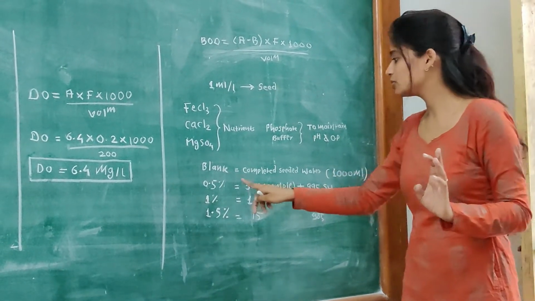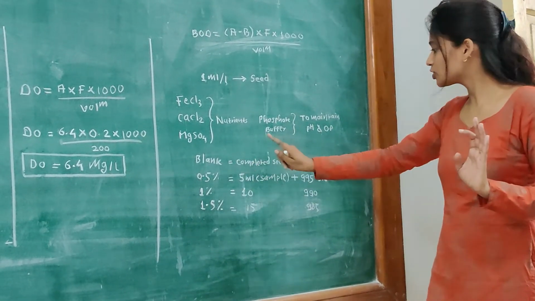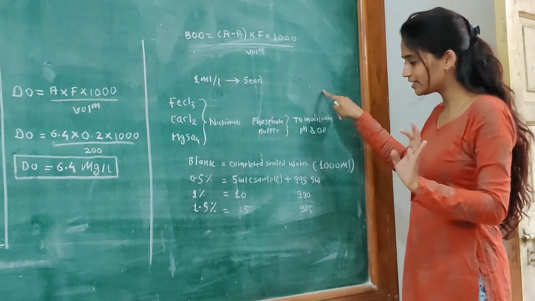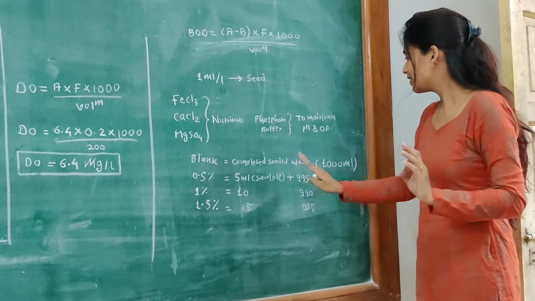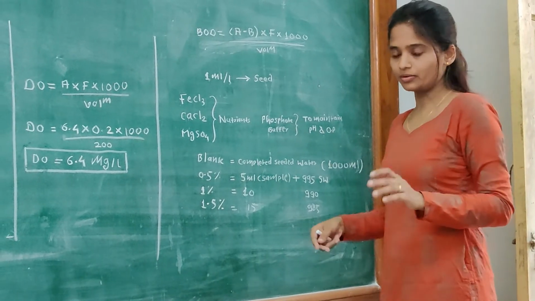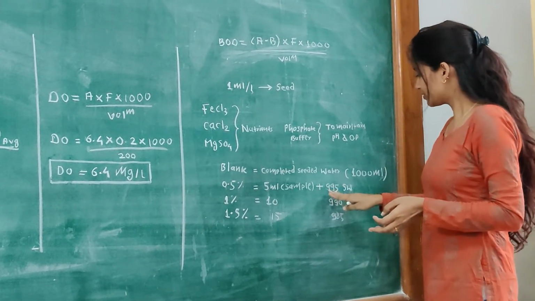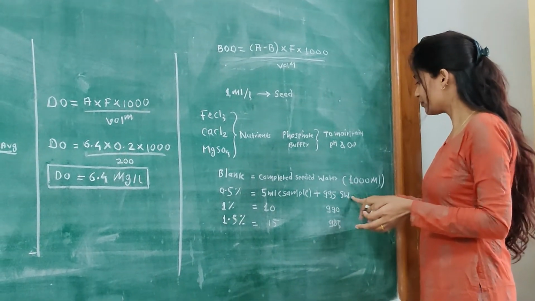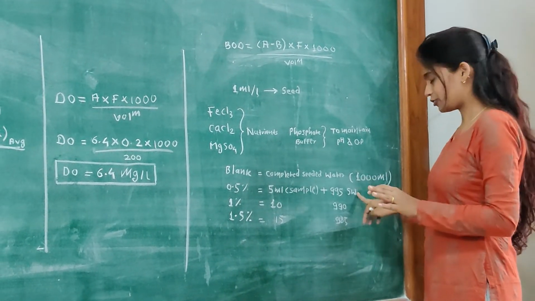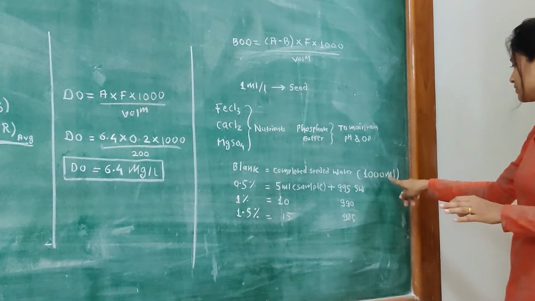For 0.5% dilution, you will take 5 ml of the sample that you have gotten from some site and 995 ml of seeded water. So we got a total of 1000 ml.